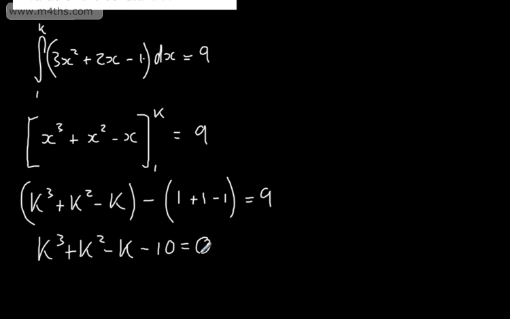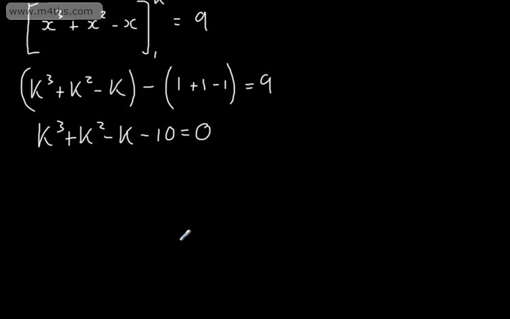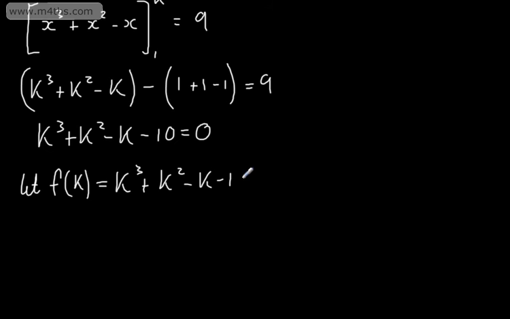We have a cubic equation in k, and we can look to solve this. In a previous chapter, we've seen how to solve a cubic equation when we have a constant. So all I'm going to do now is let f of k be equal to k cubed plus k squared minus k minus 10.